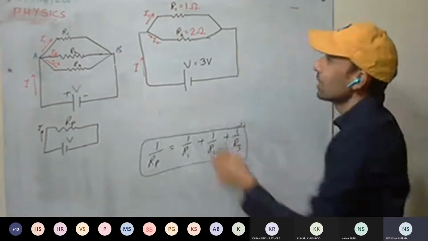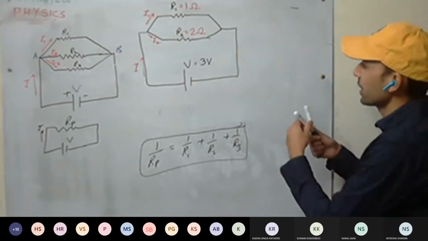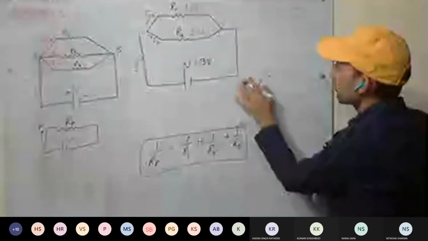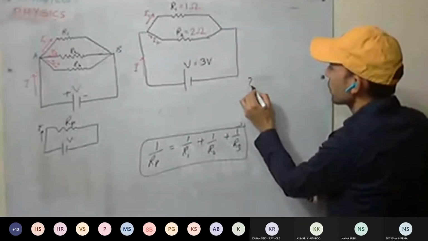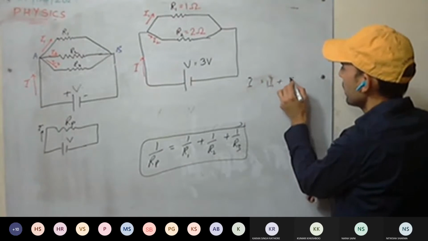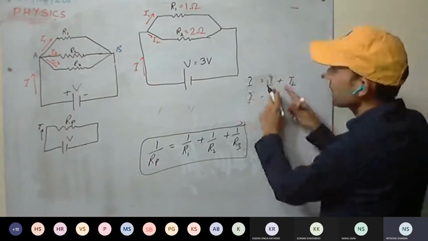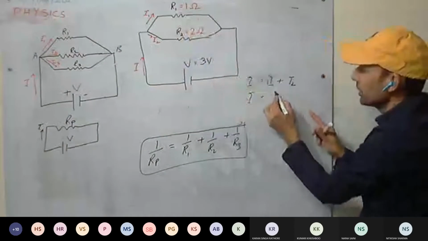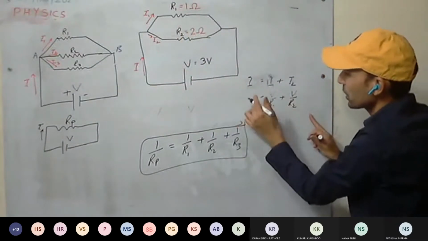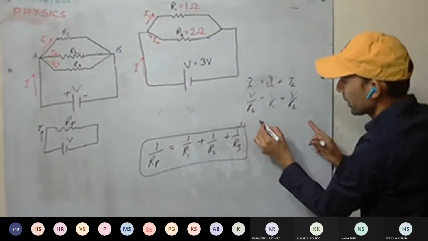So again you can use the formula: total I equals I1 plus I2, which is V upon R1 plus V upon R2, which is V upon RP.